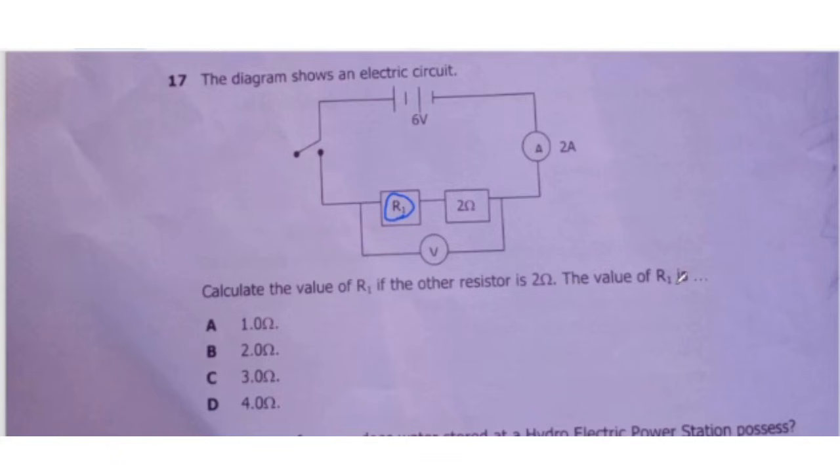Now, when we are calculating resistance, resistance is equal to the volts in the circuit over the amps that are in here. So what is the reading of the ammeter?